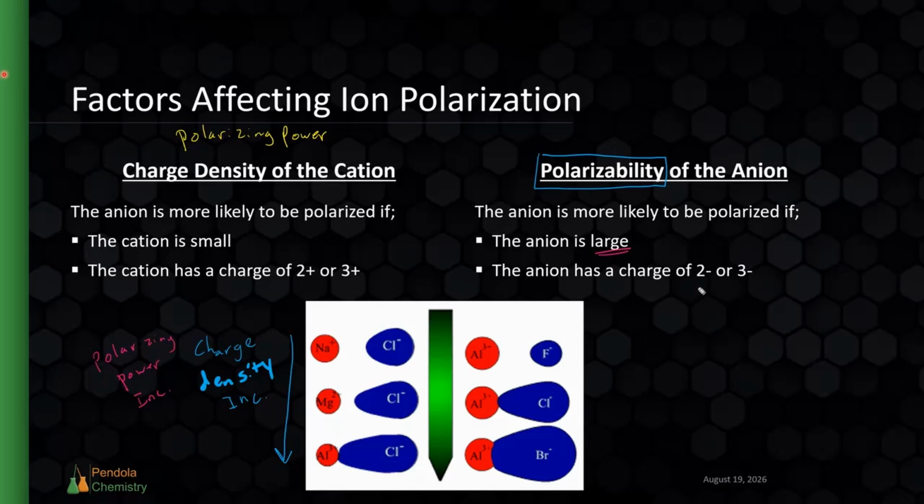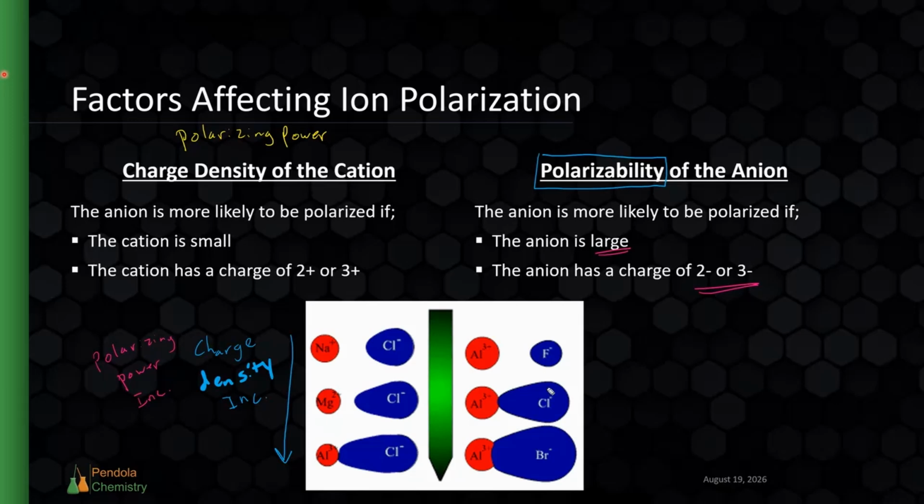And the other one is the charge of the anion, because higher charge, if we consider it to be negative, is going to mean more electrons. The more electrons there are in an anion, the more it will lend itself to being polarized, or what we say is the more polarizability it has.